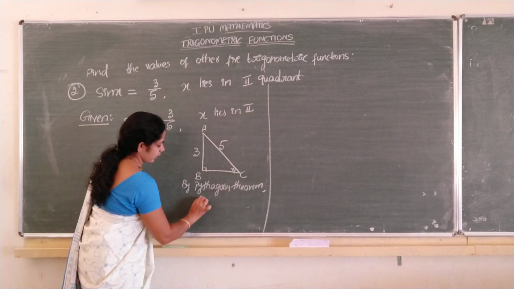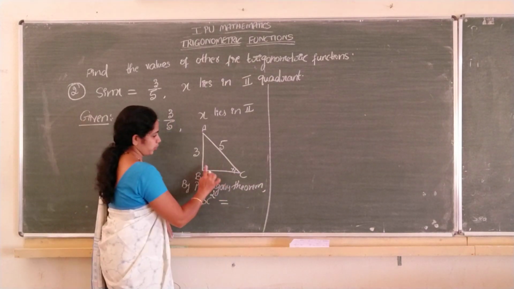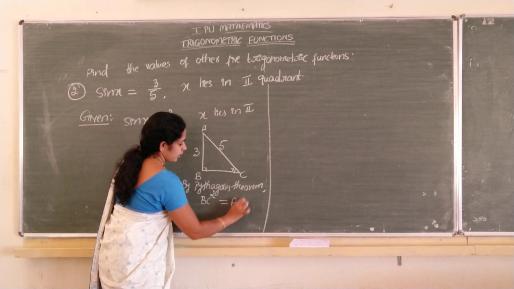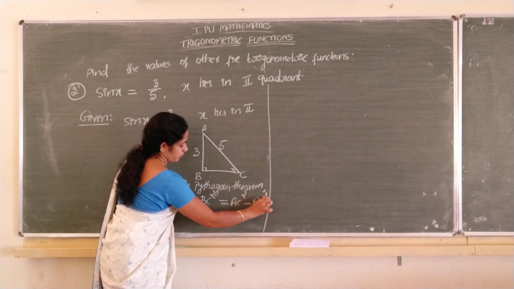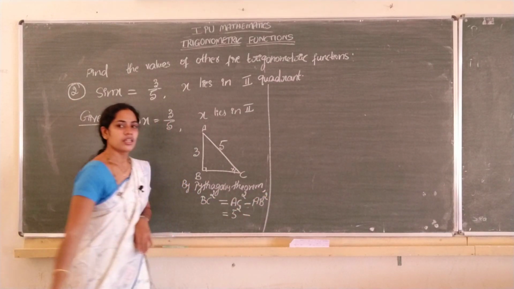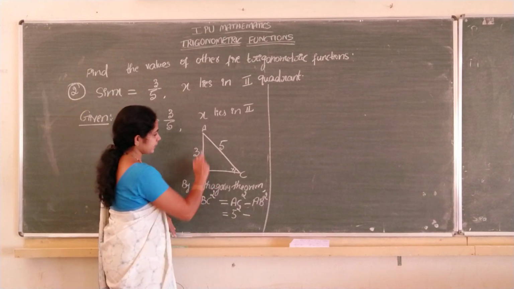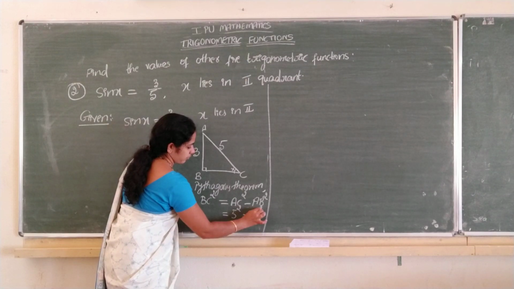Here by the Pythagoras theorem, what is BC square? BC square is equal to hypotenuse side AC square minus AB square. What is AC square? 5 square minus, what is AB square? That is 3 square.